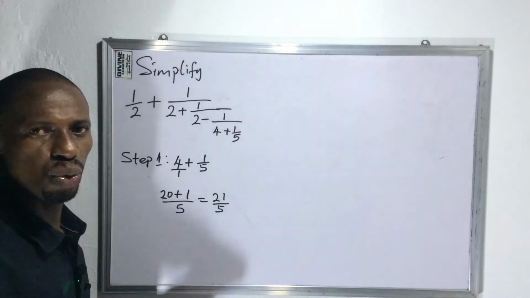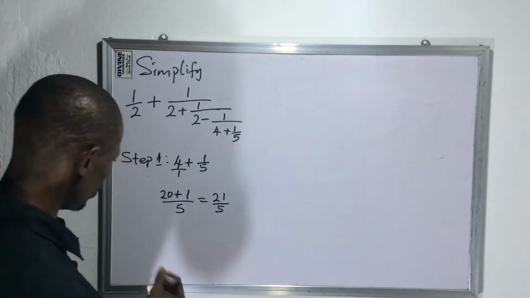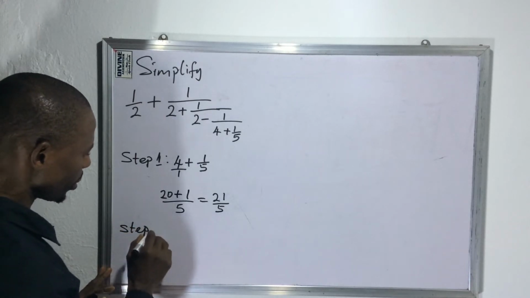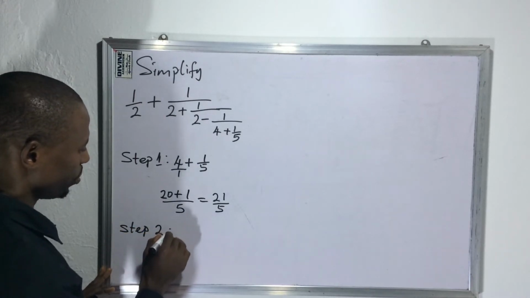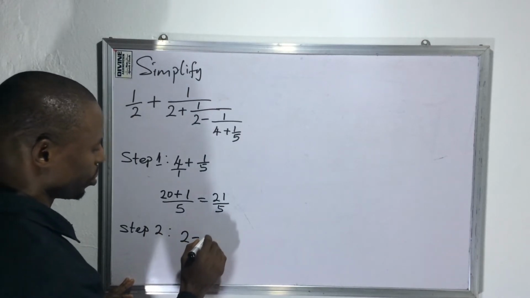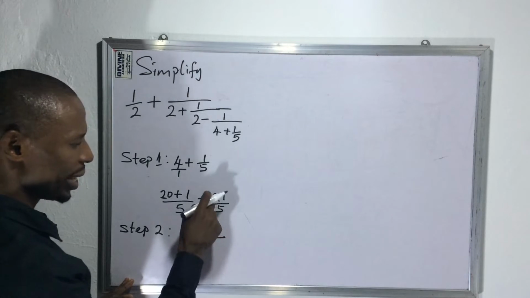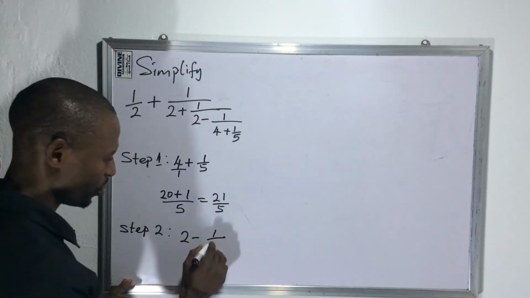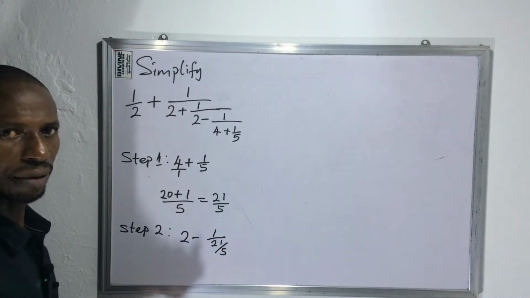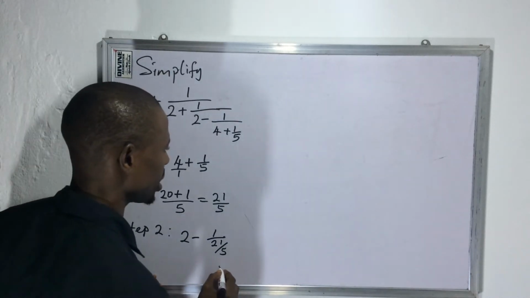So that leads us to step 2. We have 2 minus 1 all over everything we have in here, which is 21 all over 5. All right, so from here, let's proceed.